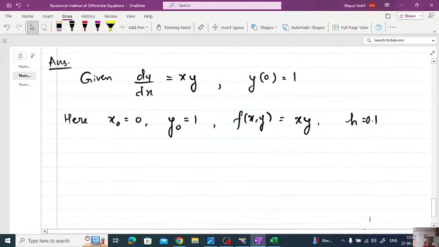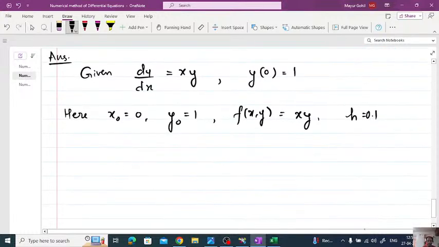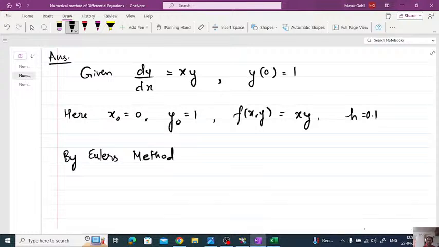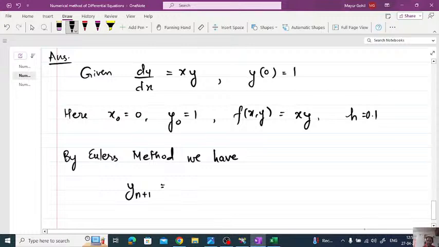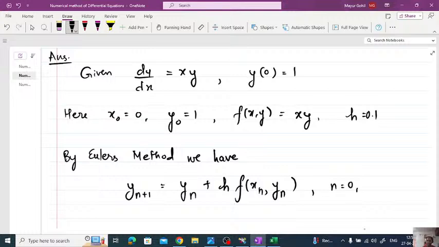So then you write down here, by Euler's method we have yn plus 1 is equals to yn plus h times f of xn yn. N goes from 0, 1, 2, 3 and so on.